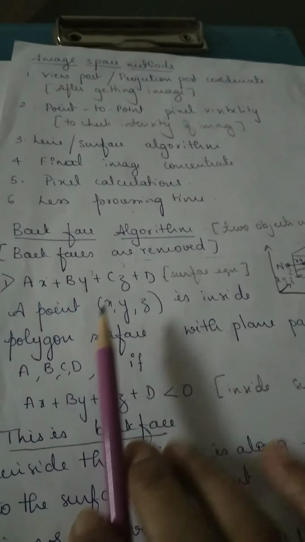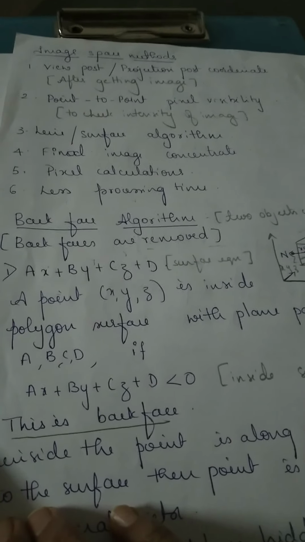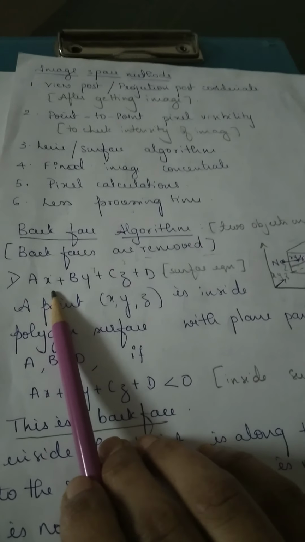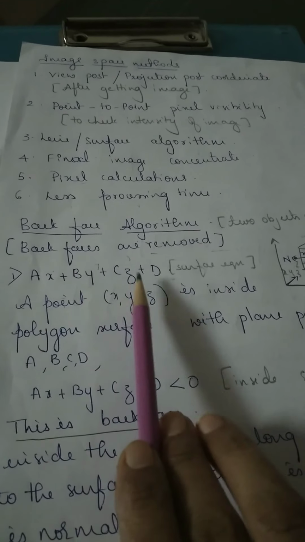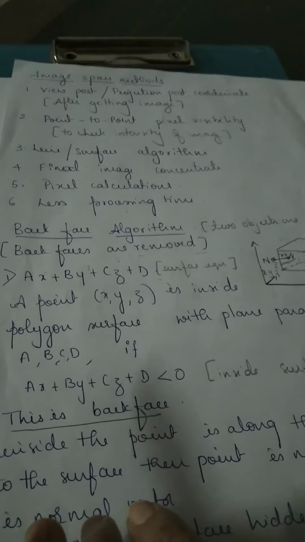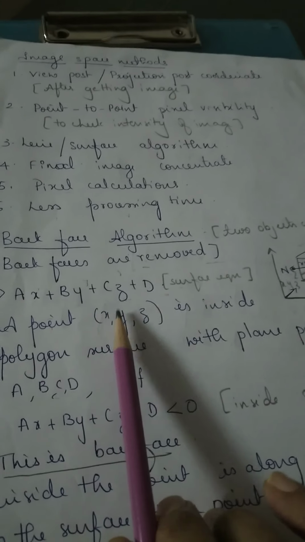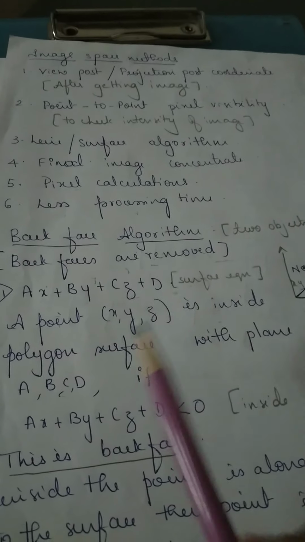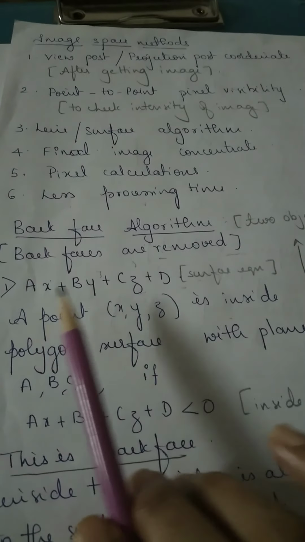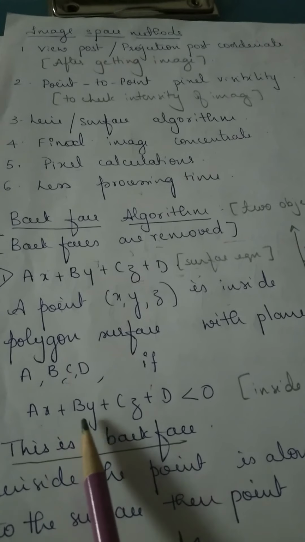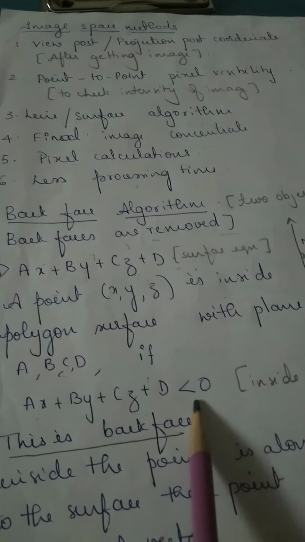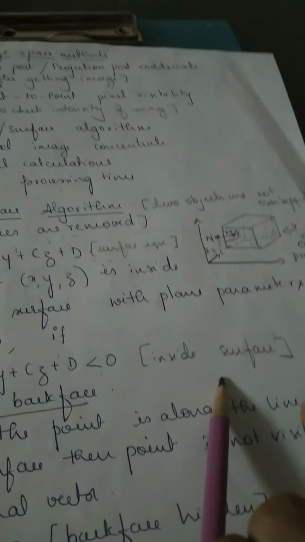Now I'll take the surface equation. The simple surface equation is AX plus BY plus CZ plus D, where A, B, C, D are the polygon surface parameters. A point XYZ is inside the polygon surface if AX plus BY plus CZ plus D is less than 0.